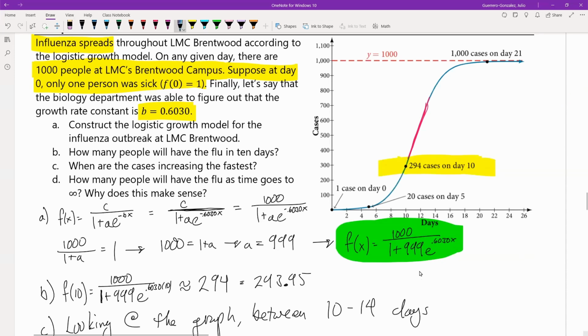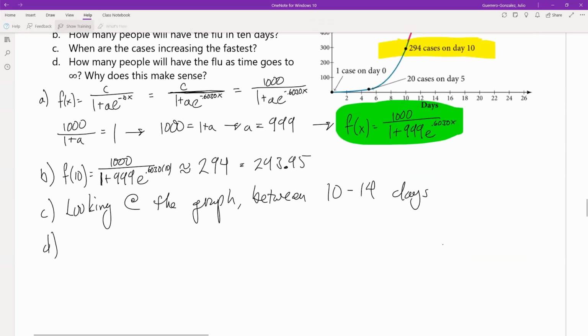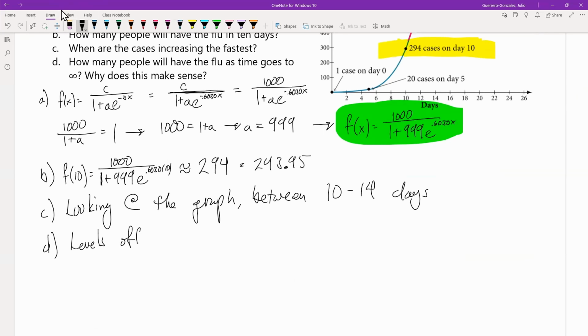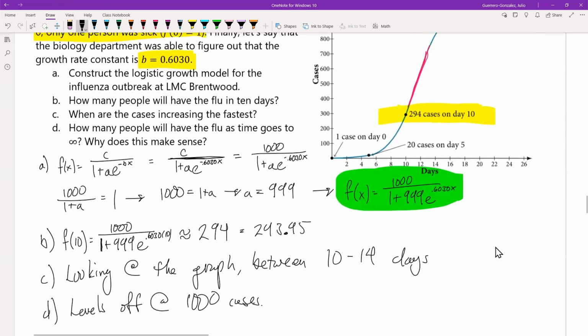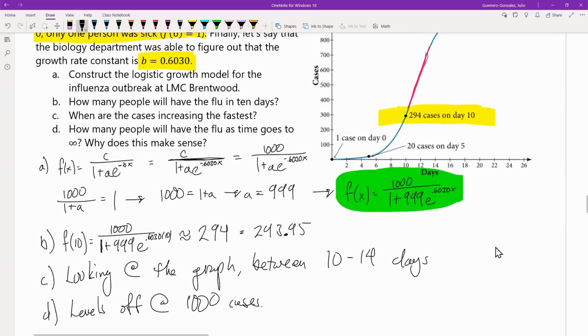Why does that make sense? Let me go back to draw. It levels off at 1,000 cases. So why does that make sense, though?